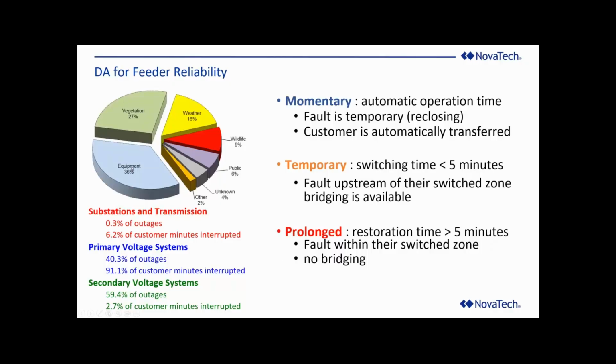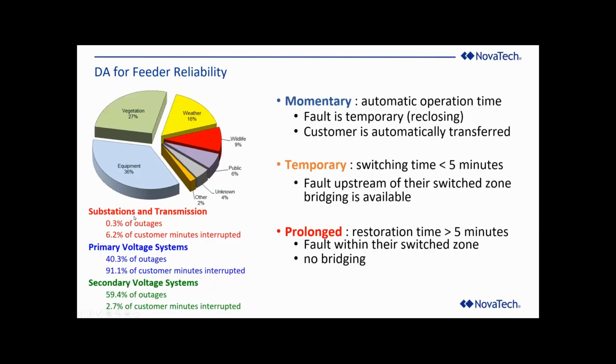This is a generic indication of what the causes of a feeder fault really are. A lot of it is tree growth, a lot of it is equipment failure, snow, lightning, wind, wildlife, all sorts of things that will contribute to an outage on the system.